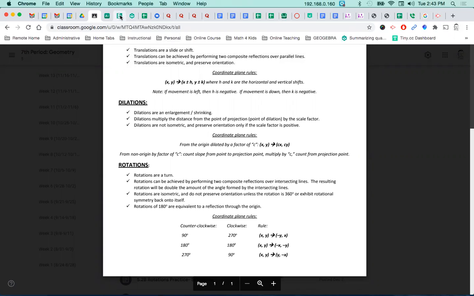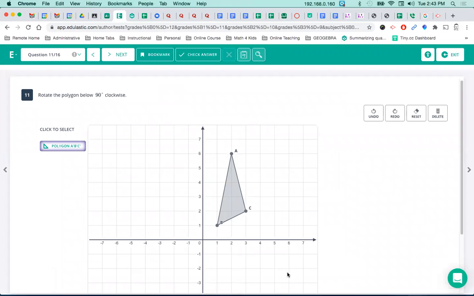Right? X comma y maps to y comma negative x. All right. So what that means is if I have a point, let's say A is at 2, 6, right?